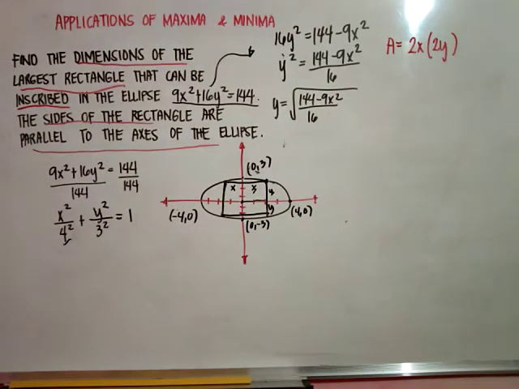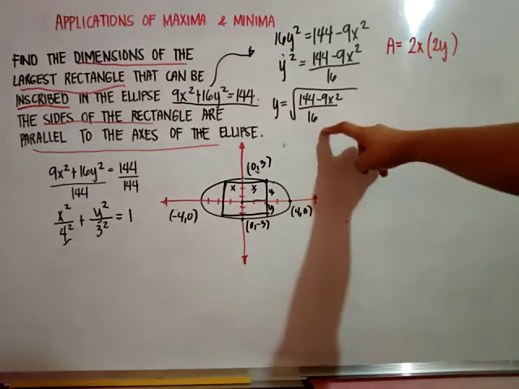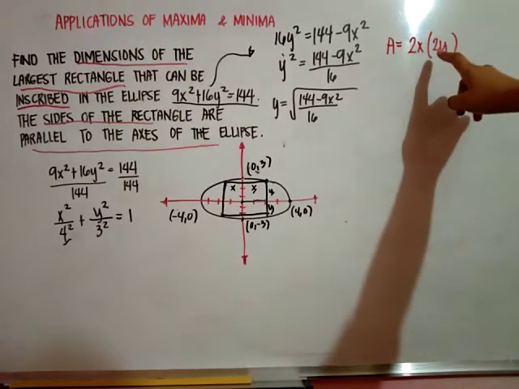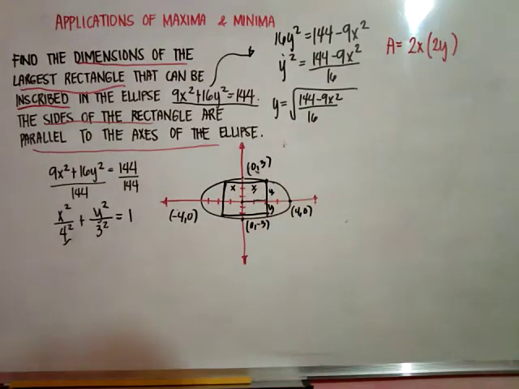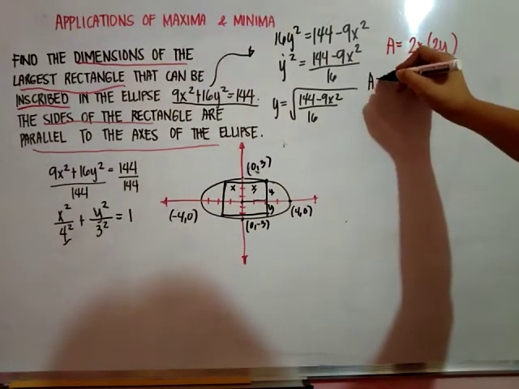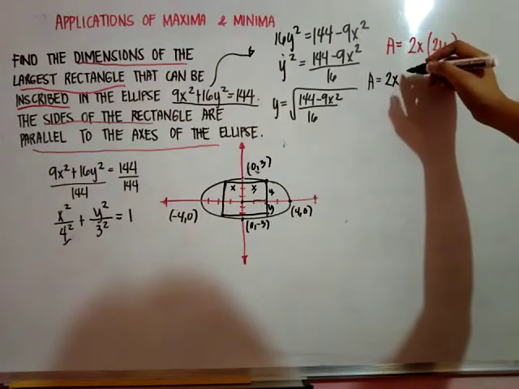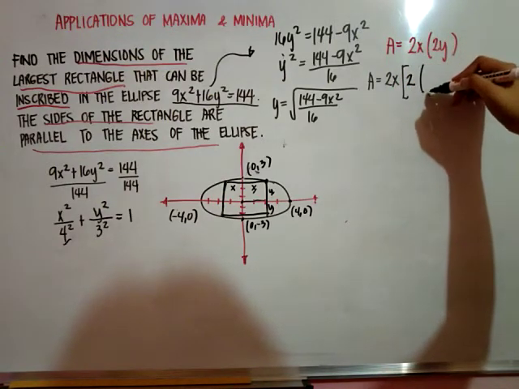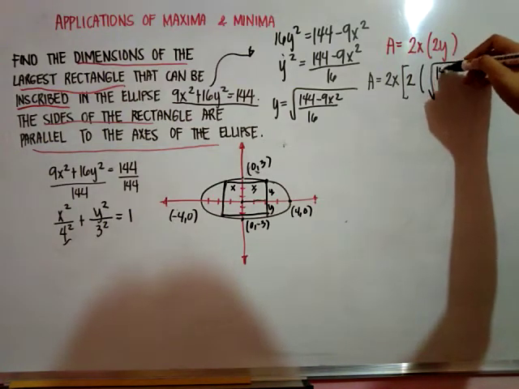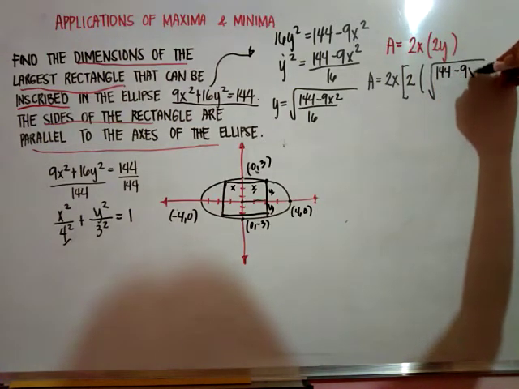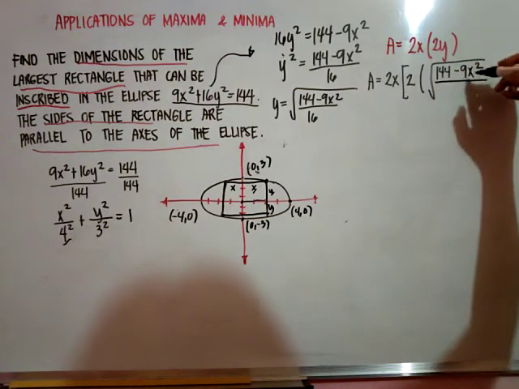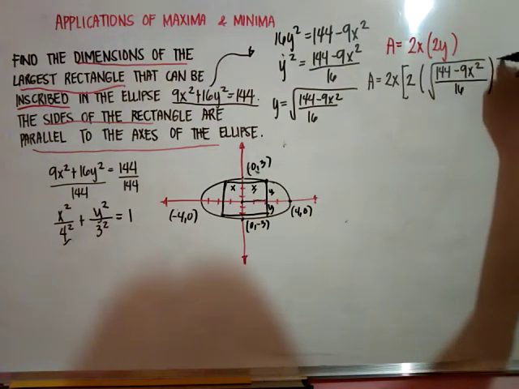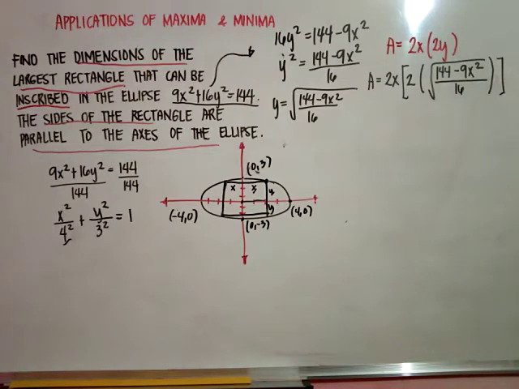So, this is the equivalent value of y in terms of x. So, therefore, let's substitute it here. So, we have A equals 2x times 2 times the value of y, that is equal to the square root of (144 minus 9x squared) divided by 16. So, there. We have expressed our function in terms of one independent variable.